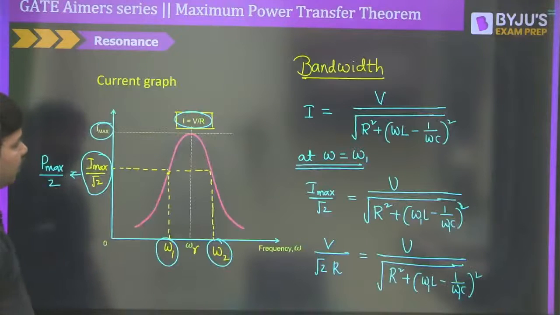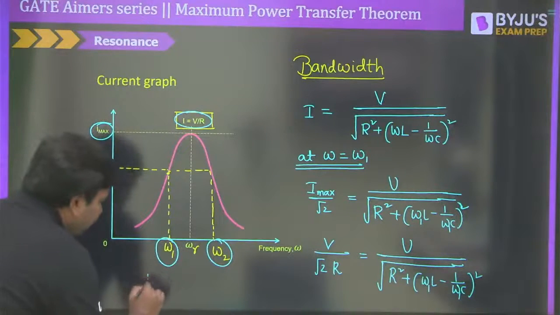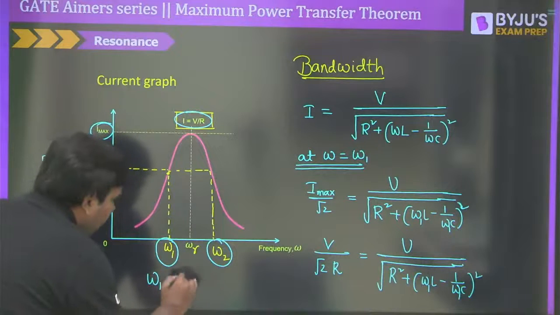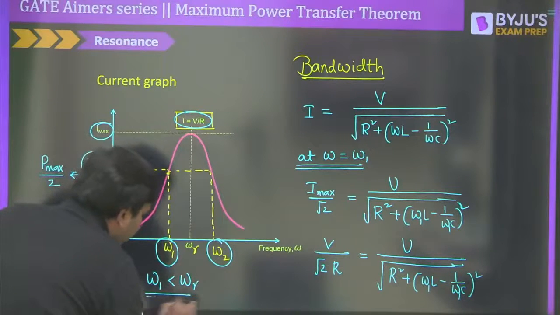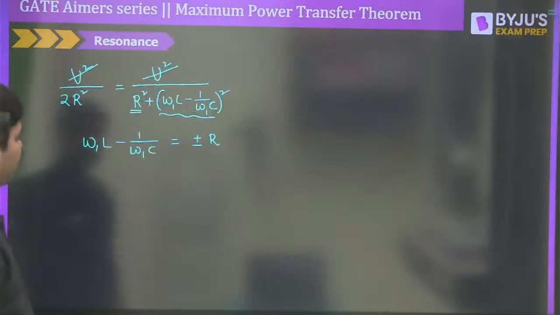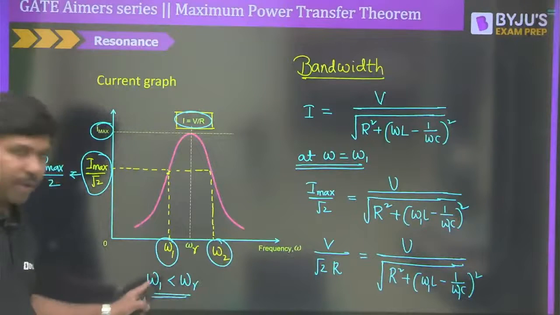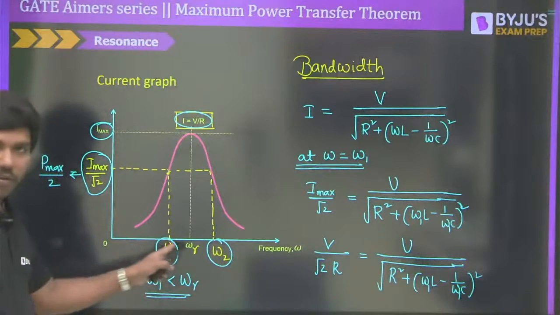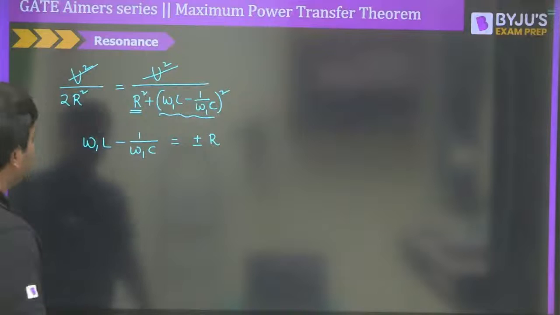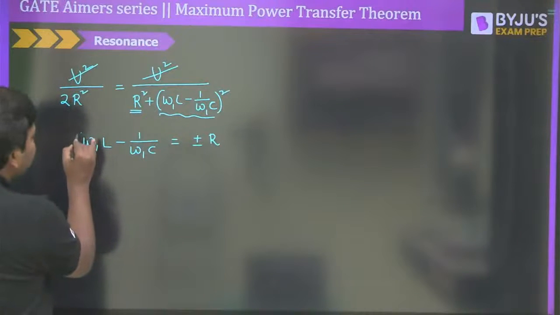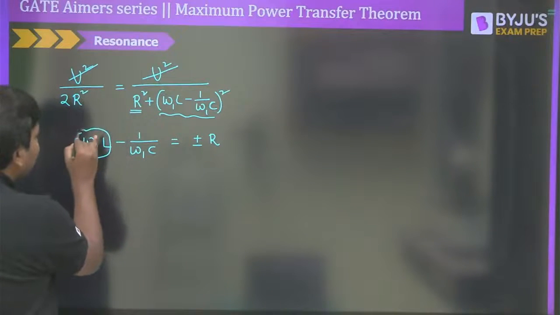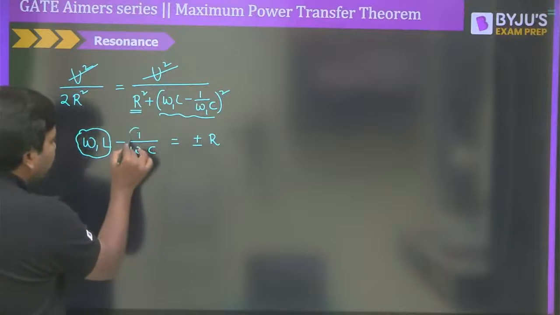But try to see here, omega 1 is actually less than omega R. Means it is a low frequency zone. If it is a low frequency zone, naturally this value is smaller compared to that value, correct?